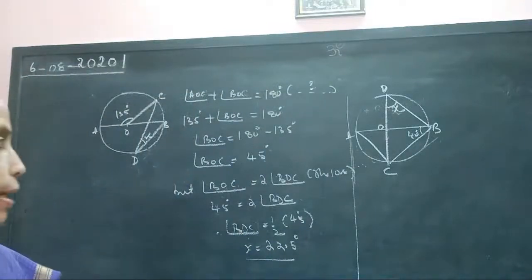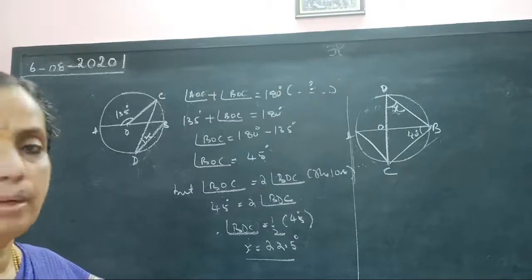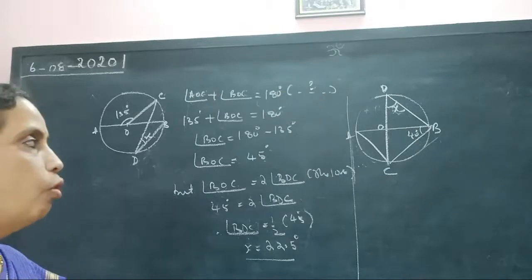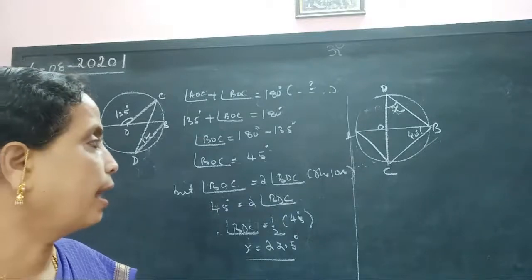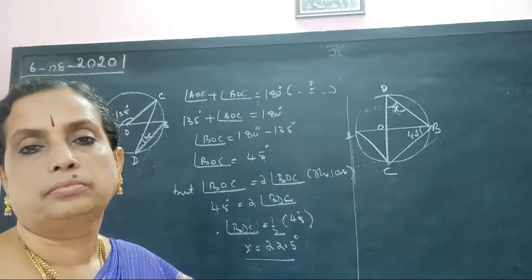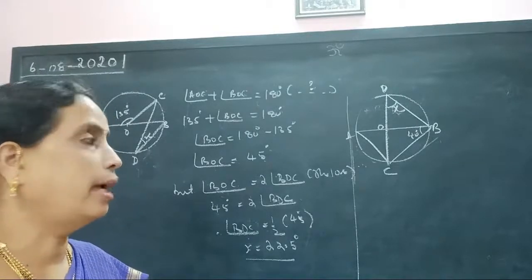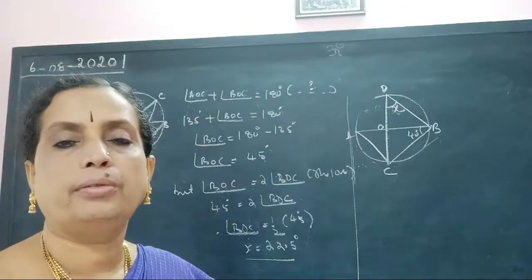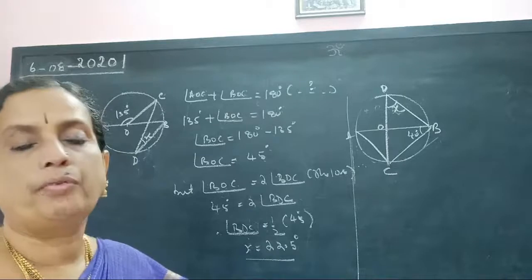What is the measure of X where AOB is a diameter? When AOB is a diameter, what is angle ACB? Is ACB equal to 50 degree?